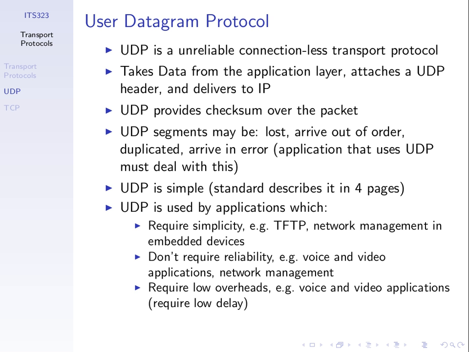UDP does not provide reliability, so it's only really suitable for applications that don't need reliability. That includes many multimedia applications. Making a voice call or a video call, FaceTime for example. Making a call over the internet, we don't necessarily need to receive all of the data.